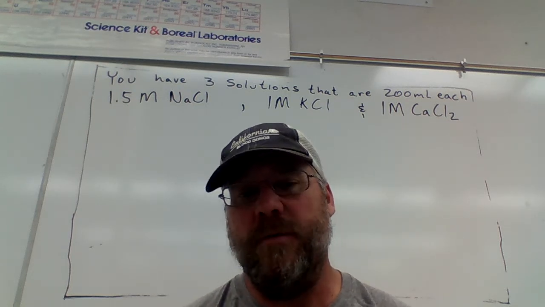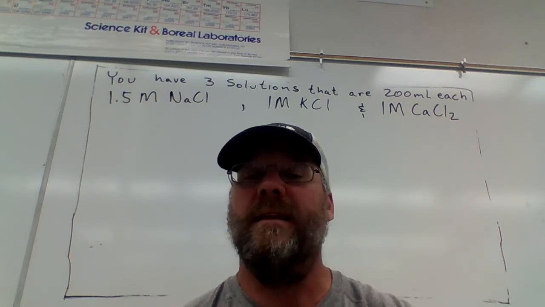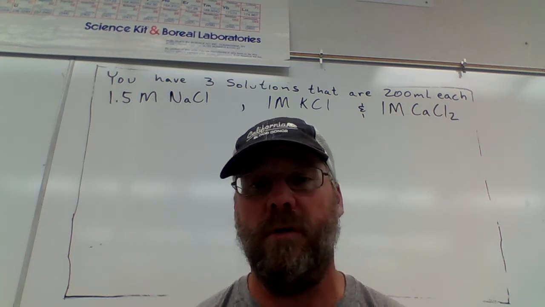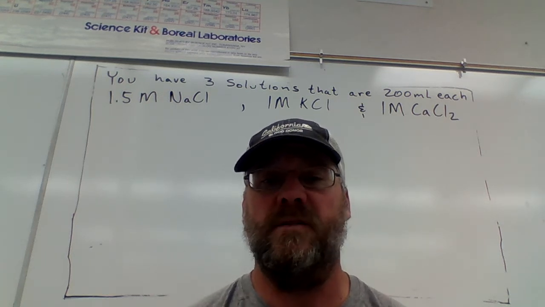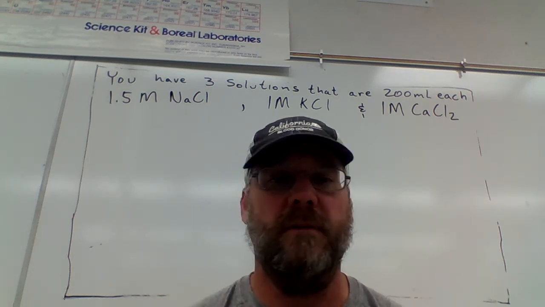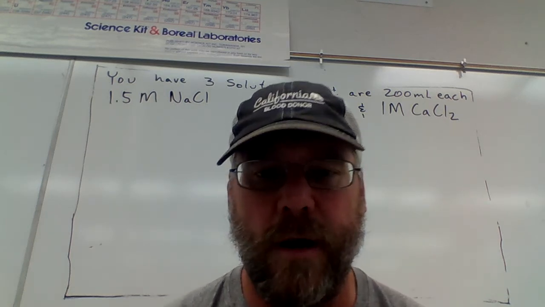Essentially what you would find out is that the one with the lowest molar mass would have the highest molar concentration in the solution, assuming you mixed it all into the same amount. I think in the book it says put it into 100 milliliters of water.